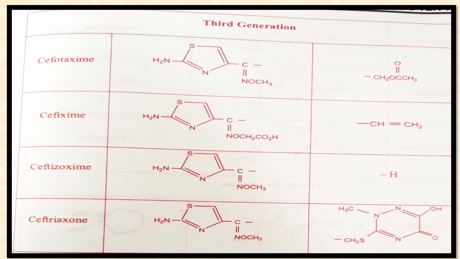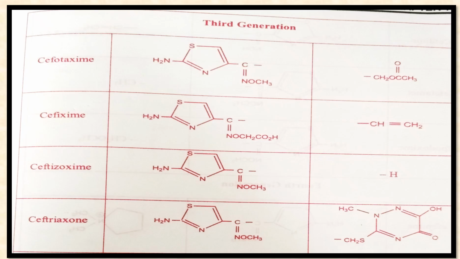So these third generation cephalosporins are also known as oximino cephalosporins. A peculiar feature of this type is that they enhance penetration across the outer membrane of gram-negative bacteria, and they have increased affinity for transpeptidase enzymes. Third generation examples are cefotaxime, cefixime, ceftriaxone.